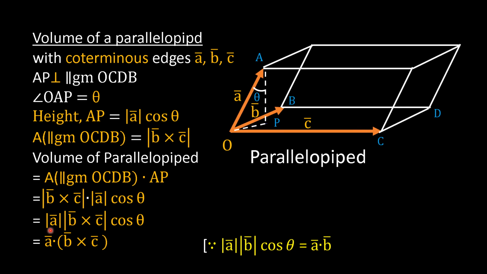Therefore, mod a bar into mod b bar cross c bar cos theta will be a bar dot b bar cross c bar, which is nothing but scalar triple product of a bar, b bar, c bar. Thus, we find that volume of parallelepiped with coterminous edges a bar, b bar, c bar is a scalar triple product of vectors a bar, b bar, c bar.